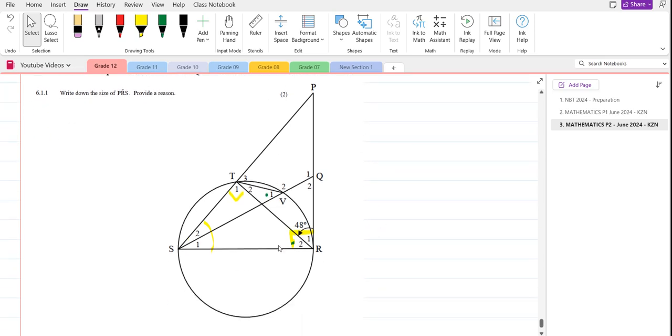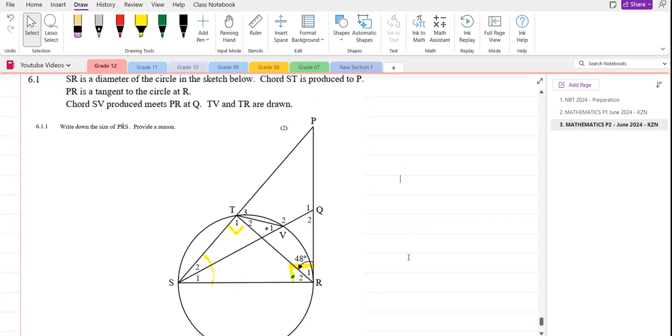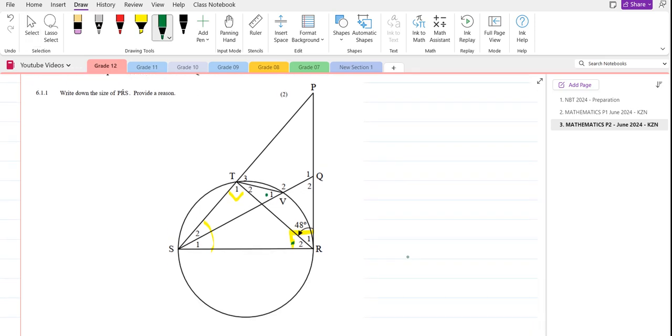PRS is 90, okay? PRS is equal to 90 degrees because diameter is perpendicular to tangent. Let's move on to the next question.